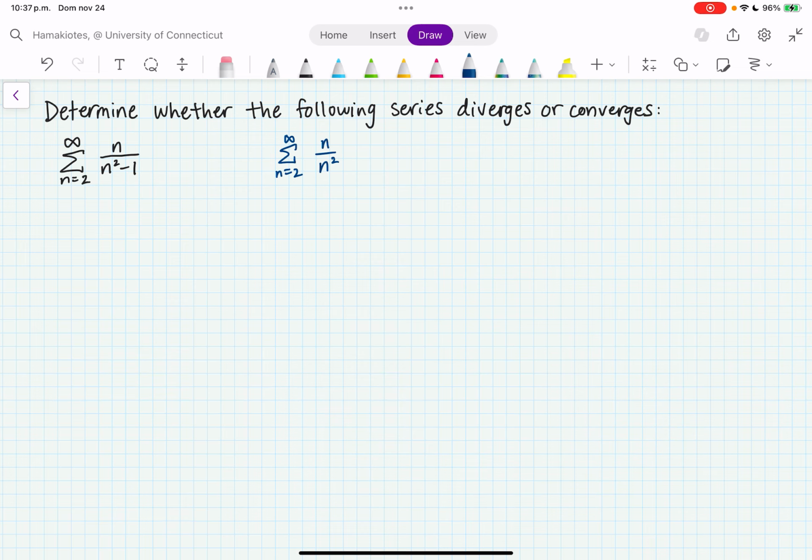So as n gets large, n over n squared minus 1 looks like n over n squared, which simplifies to just 1 over n, and we know what happens here. In this case, this series diverges by the p-series test.